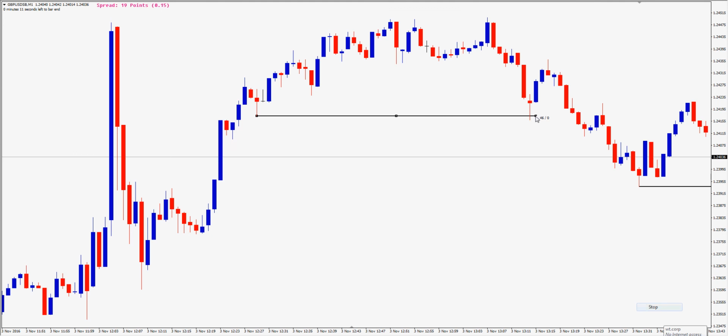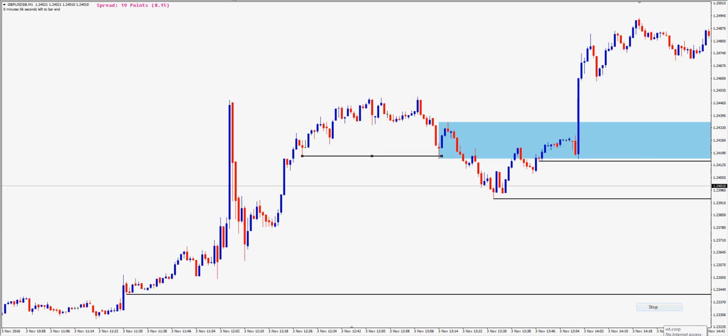And then this is where it gets broken down, making this from here to here the FTR. This only becomes an FTR once this point is then subsequently broken downwards. This is the 1 minute, of course, so what kind of significance does that have? Not a huge amount. Does this work?